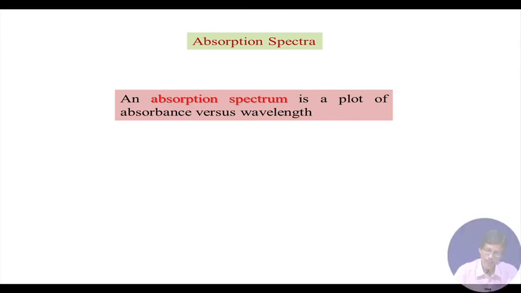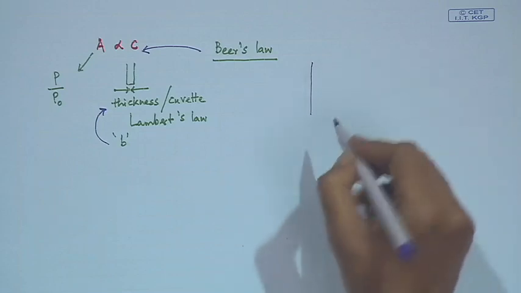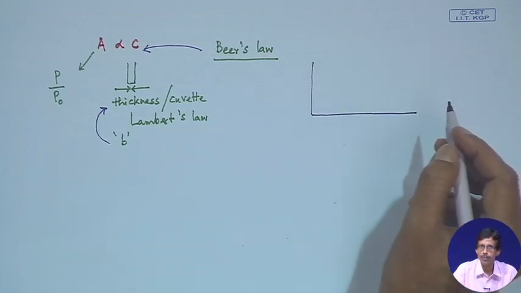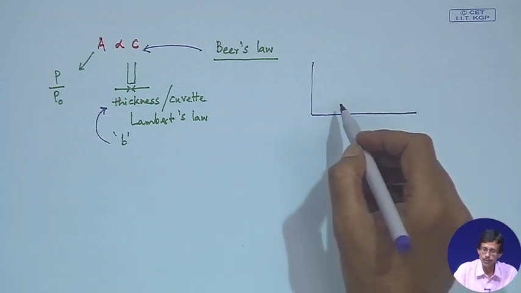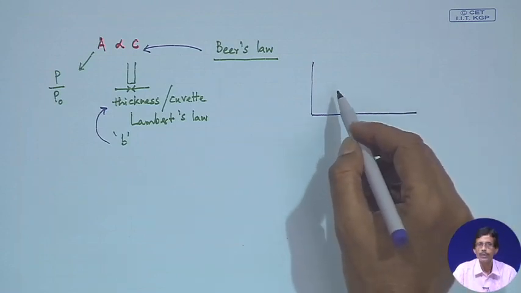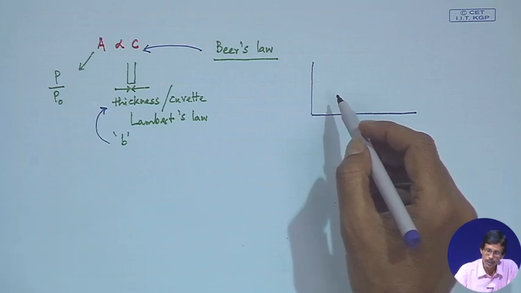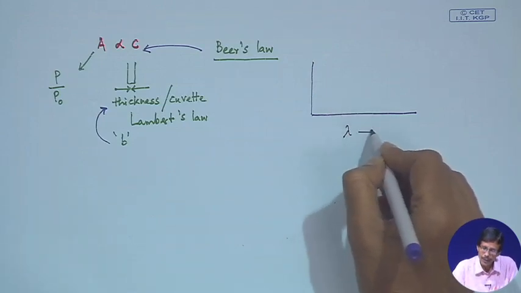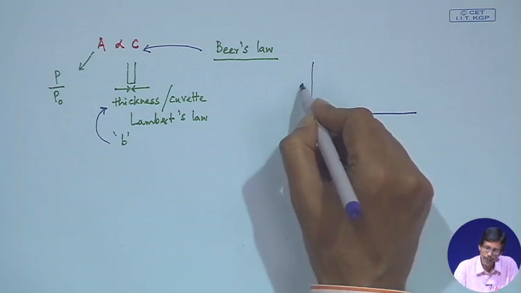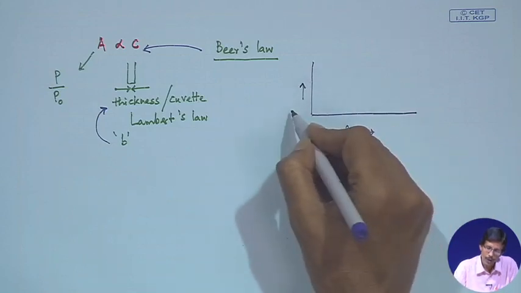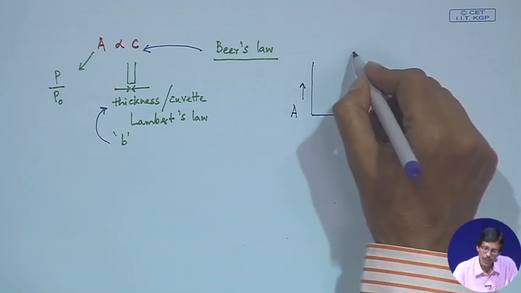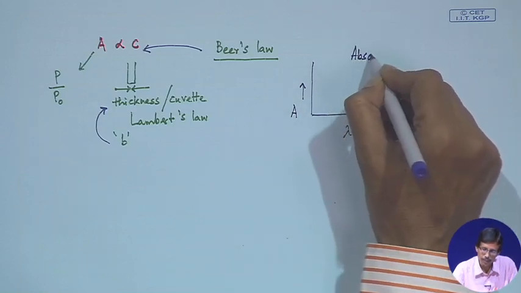As we have seen on our previous page, you have a plot from the output device, a chart paper or the computer monitor, where one axis has lambda and the other axis has the absorbance value. This will be nothing but your absorption spectra.